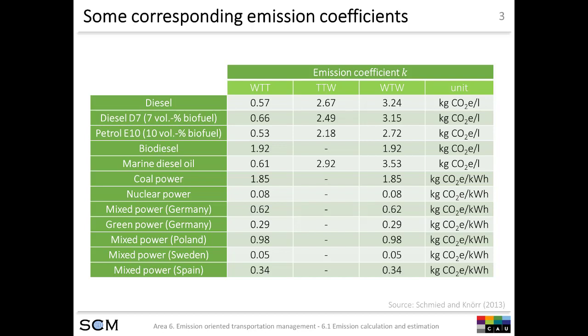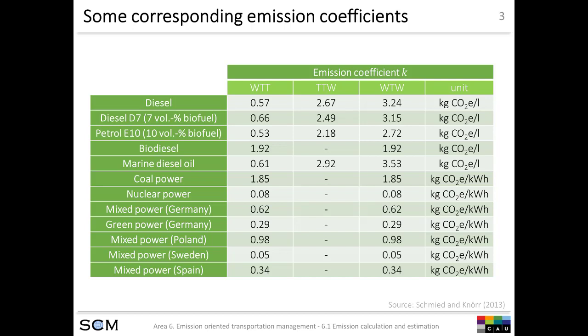On the third slide, you see so-called emission coefficients of various types of fuels and electricity. This is relevant because we have different types of vehicles using different fuels. We might even have electric vehicles that use electricity. And these different fuels and types of electricity come along with different emissions per liter of fuel or kilowatt hour of electricity. At the top of this list, you see diesel.